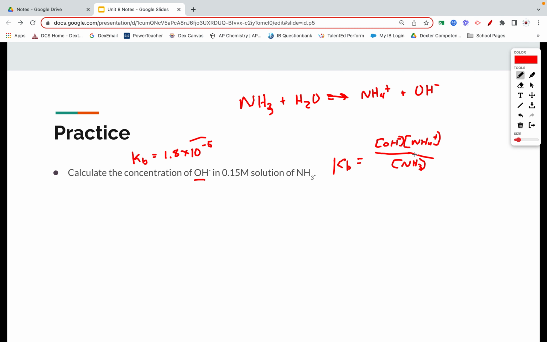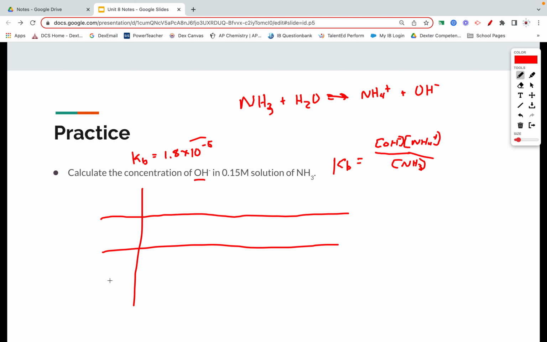We can figure out our concentrations doing an ICE table. Initial, change, equilibrium.